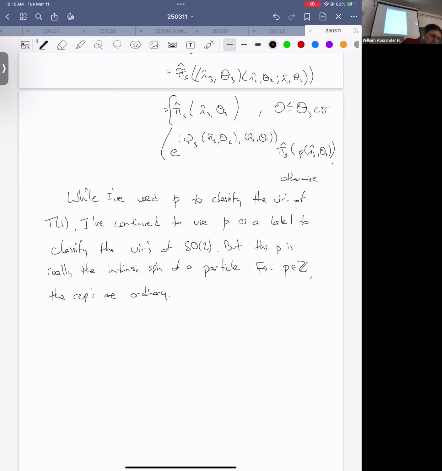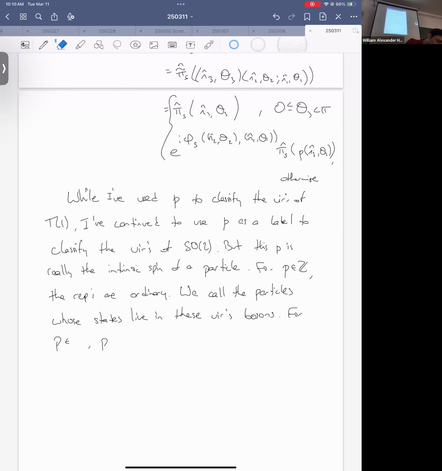All right, so we call particles whose states live in these UIRs bosons. For P in R, P not in Z, the representations are projective.